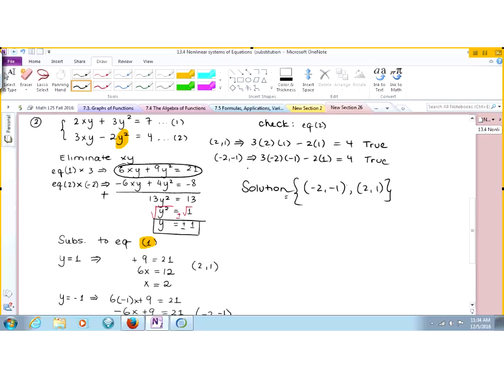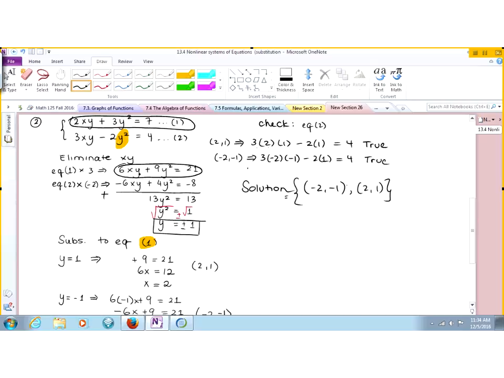I'm using this equation. I'm supposed to use equation 1. Yes, you're right. Should I change it? It will be the same answer.